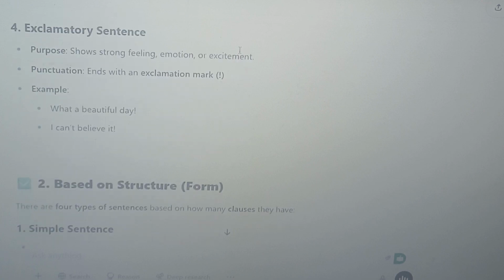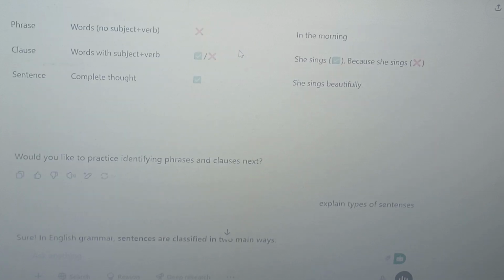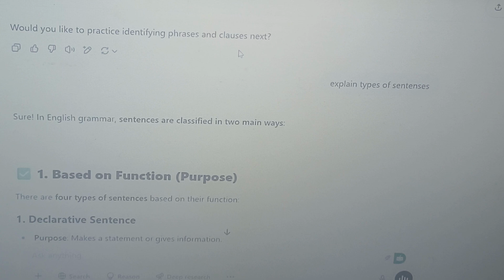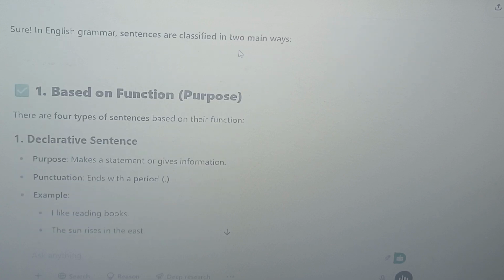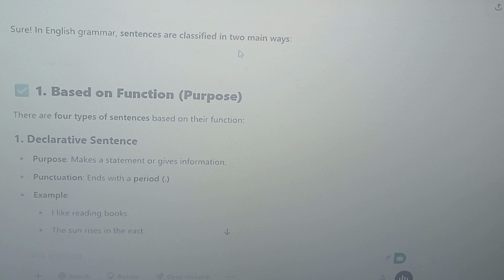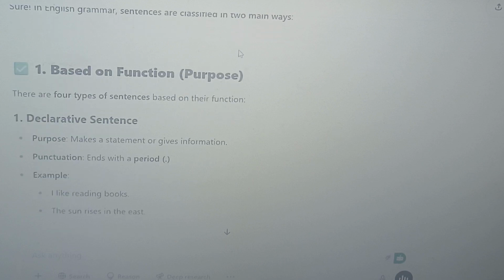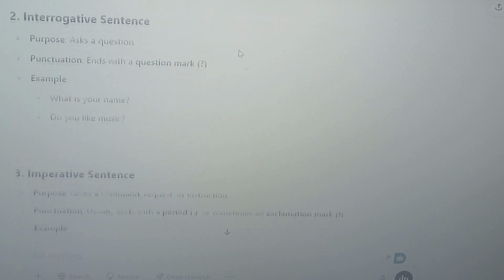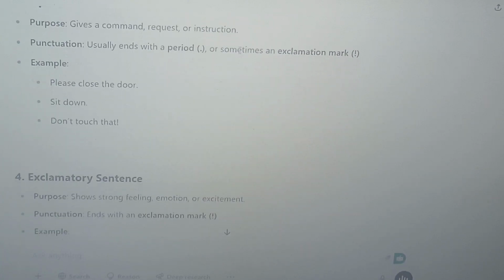Based on structure, there are four types of sentences based on how many clauses they have. Based on function or purpose, there are four types of sentences: declarative, interrogative, imperative, and exclamatory.